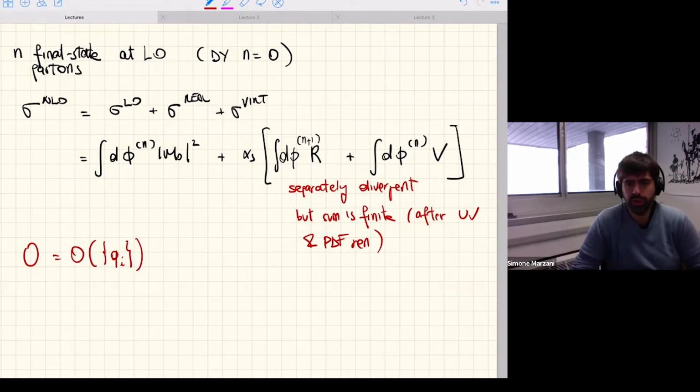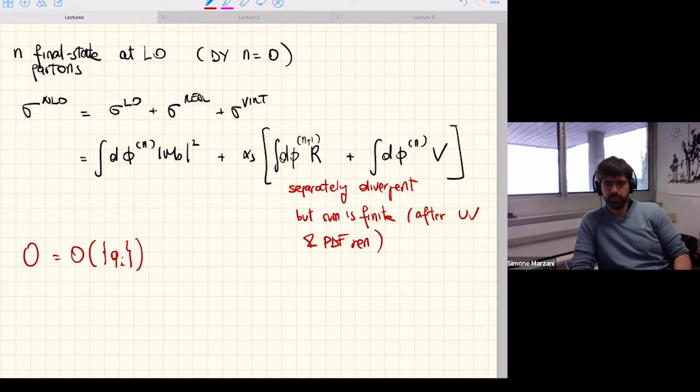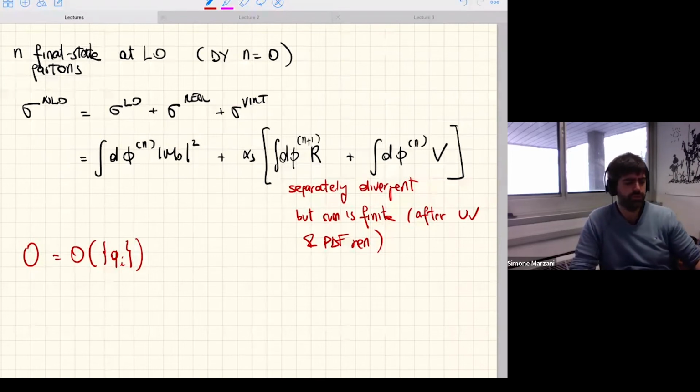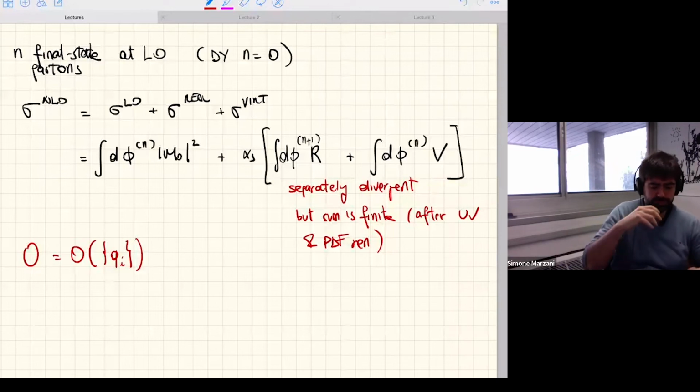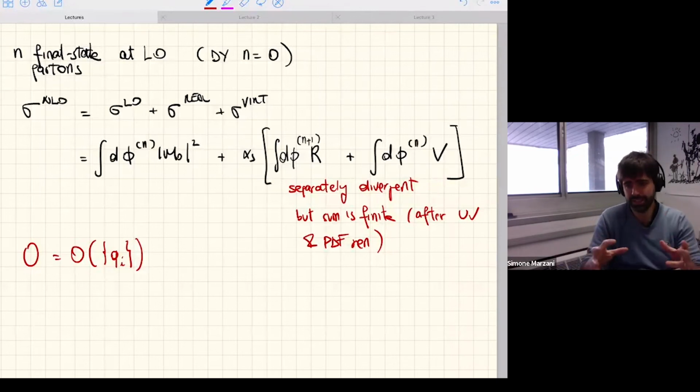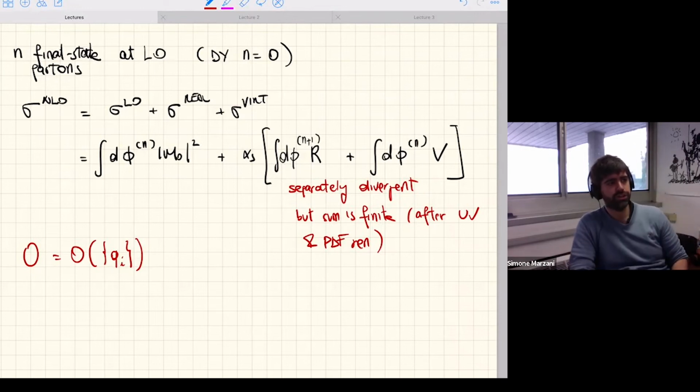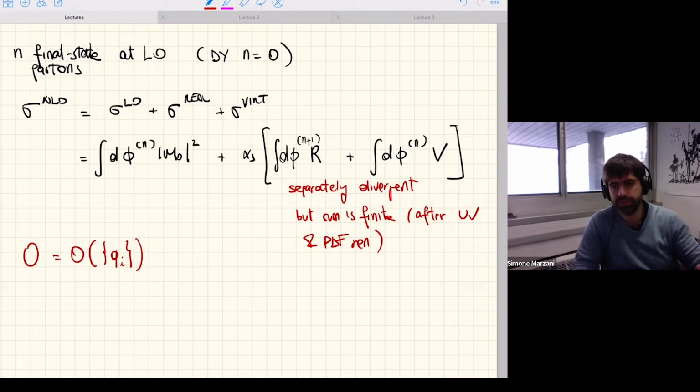What would this O be? It's a measurement function that can contain, for instance, delta functions and theta functions. For instance, I can say I want to measure the invariant mass of certain particle clusters together, or I want to measure only the transverse momentum of all those particles which are above a certain cut. It could be as complicated as you want.